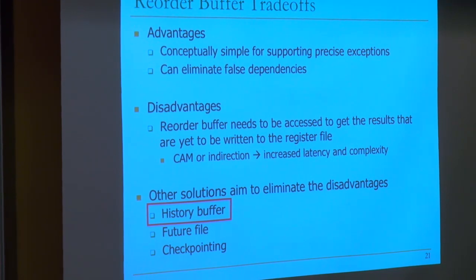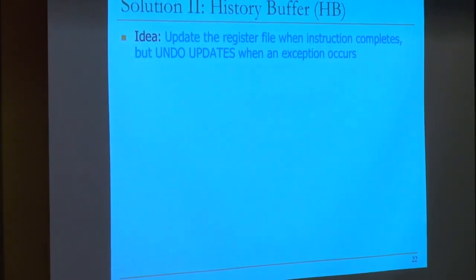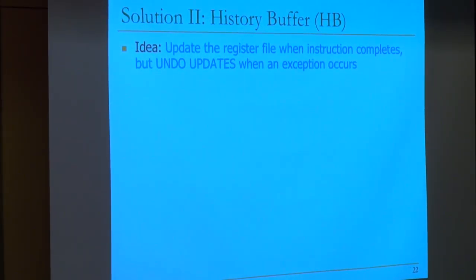History buffer says, well, I'm going to update the register file when the instruction completes. So directly, when the instruction completes, it updates the register file. But I'm also going to record what was in the destination register before I updated it. And if there's a problem later on, like there's an exception, if I need to undo, I will undo my update. I'll take the old value and restore it into the register. So in a sense, this is more optimistic, right?